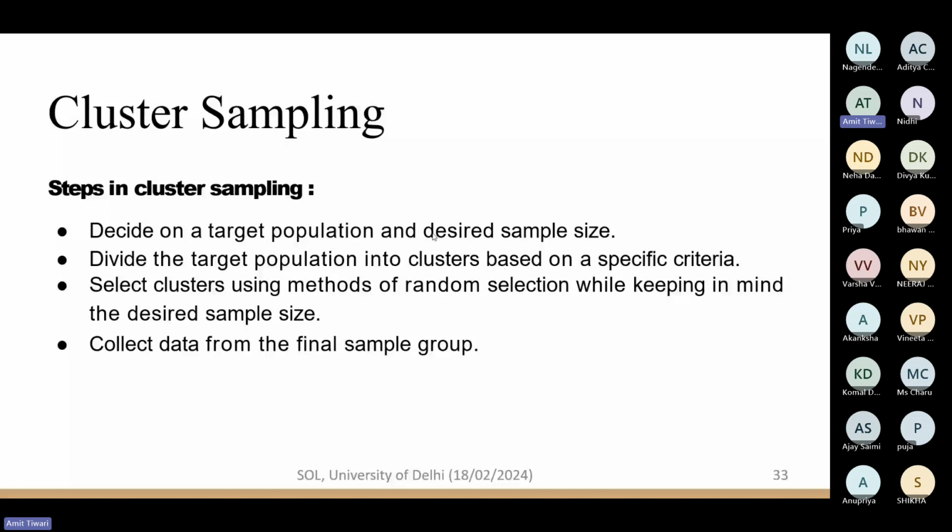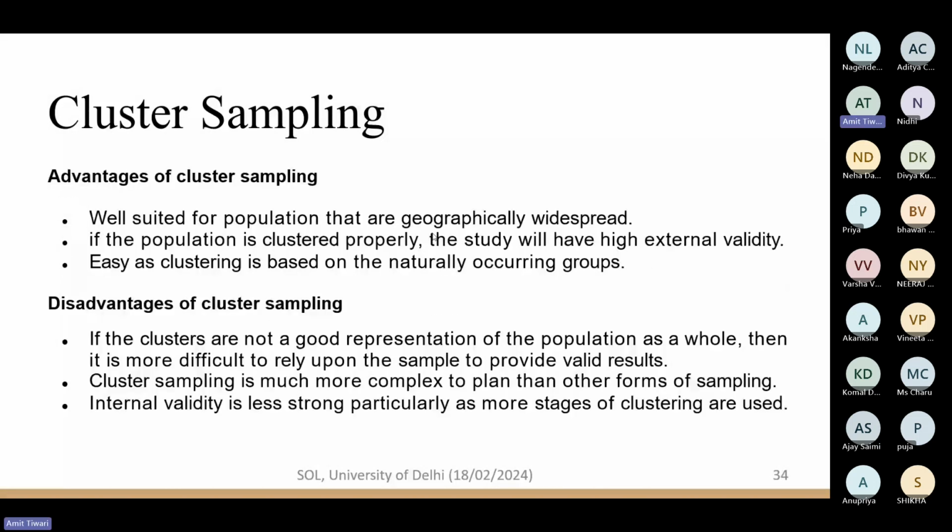Then collect data from the final sample group. It is very well suited for larger populations, like geographically widespread populations. Some of the clusters are already found, like I gave the example of state, city, colleges. So you don't have to do anything there, you just have to narrow down the clusters.